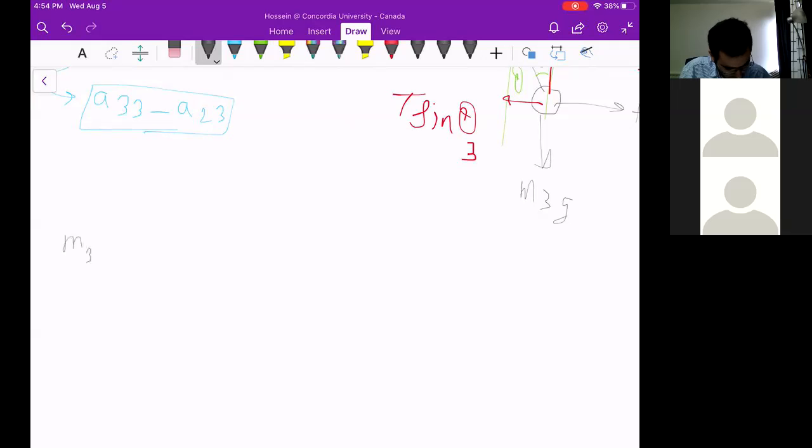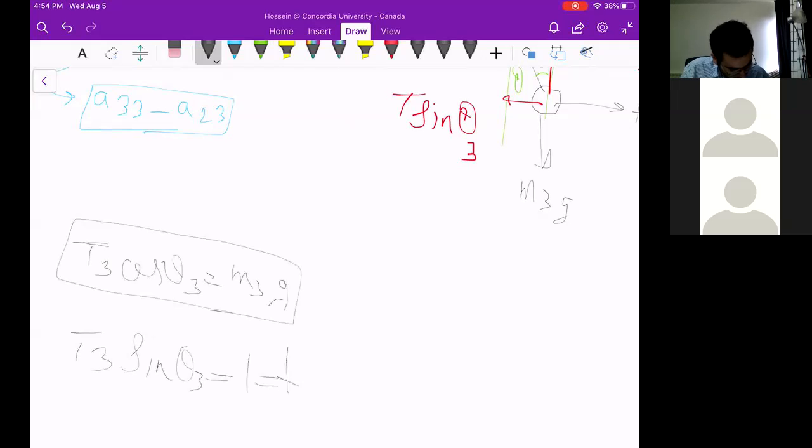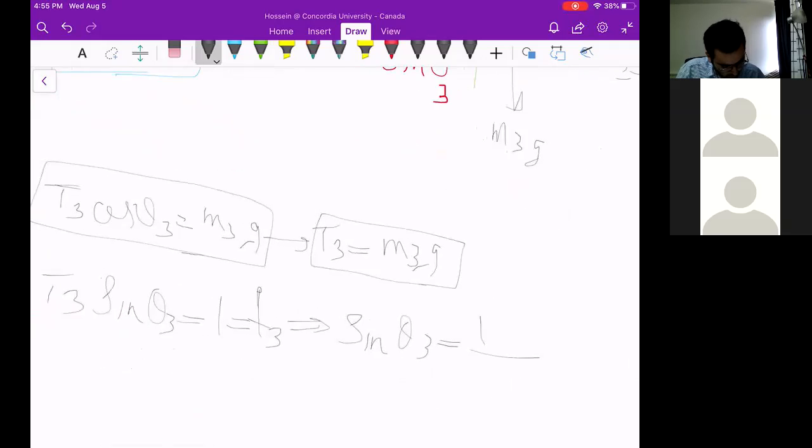T3 cosine theta 3 is m3g, and T3 sine of theta 3 is 1, F3. So T3 is m3g because theta is very small, and therefore sine of theta 3 is 1 over T3, which is 1 over m3g.